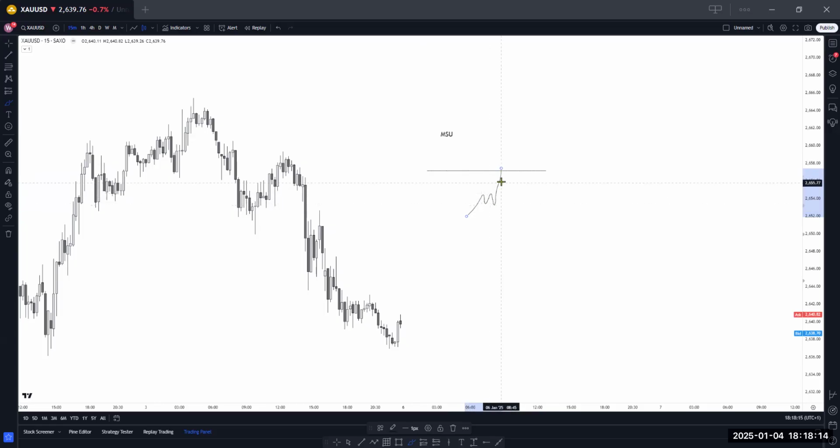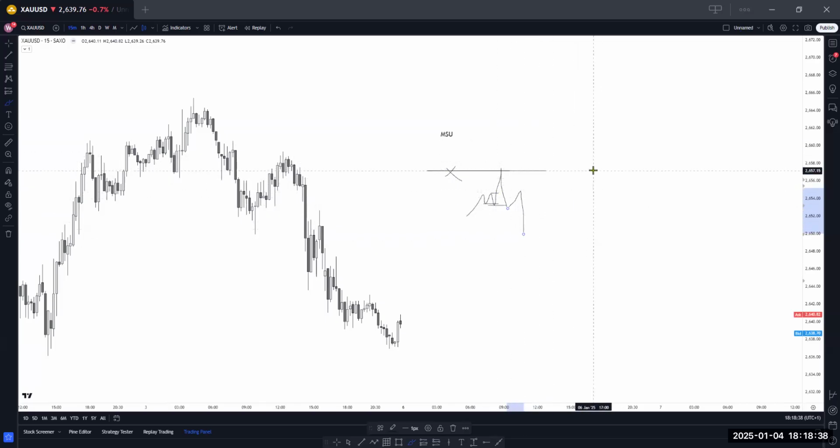So in this scenario, you see this is our zone, maybe an external level, an engulfing, or even a liquidity zone. All right. So the last MSU before that level is our price behavior. So we see price takes the low at this point, price takes the high. So if price at any point gives us this, we'll say this is a true break of structure and look for a reason to sell down from here. Okay. So that's price behavior.